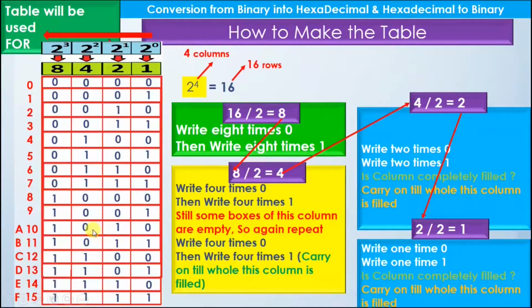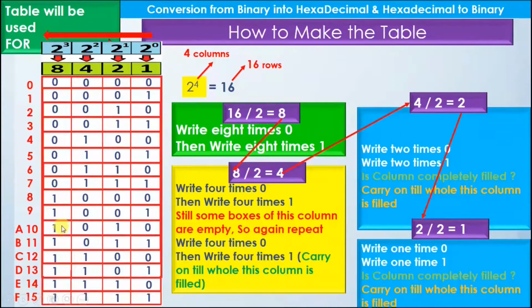Next we will come to this box and we will see that the value under the column 4 is equal to 0. So its value is 0. And next we will come to this box and we will see value under the column 8 is equal to 1. So the value is 8 here. So now we will add them all together.